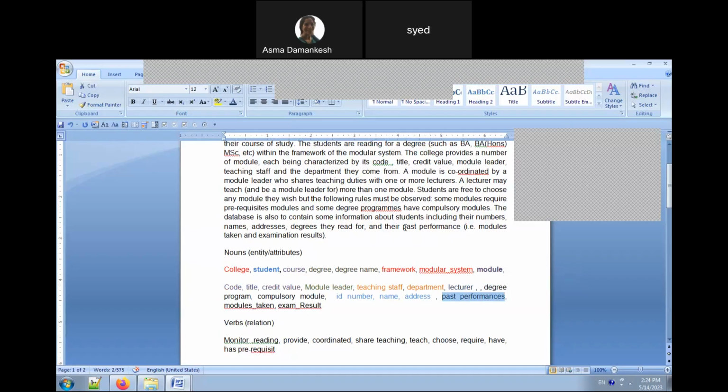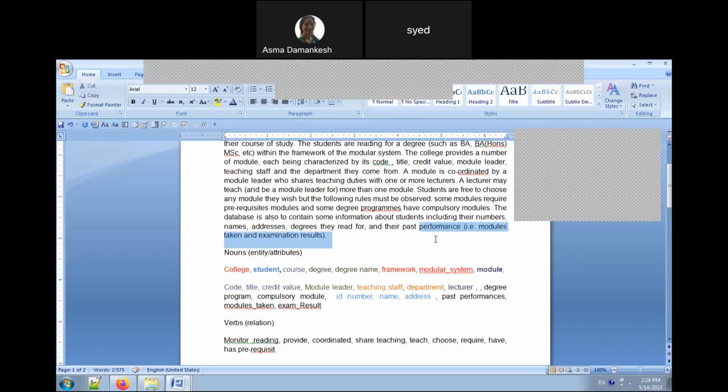Read this part. Yeah, it should be an attribute of module, right? It wouldn't? It's explained, no? It has modules taken and the examination result.